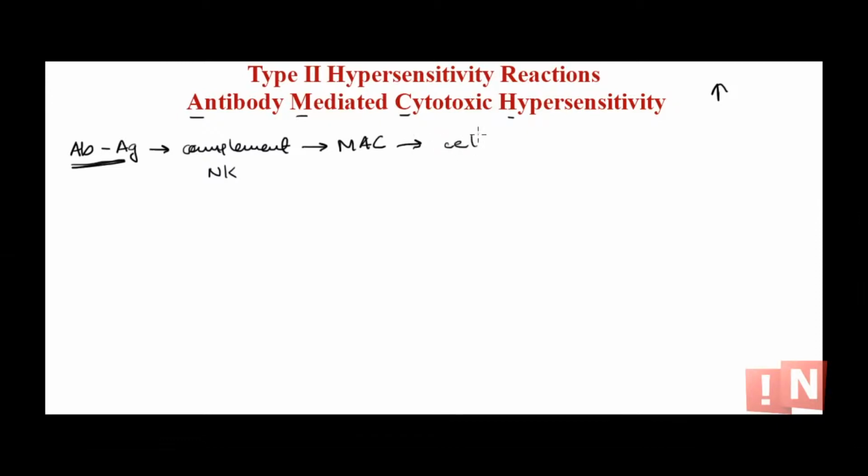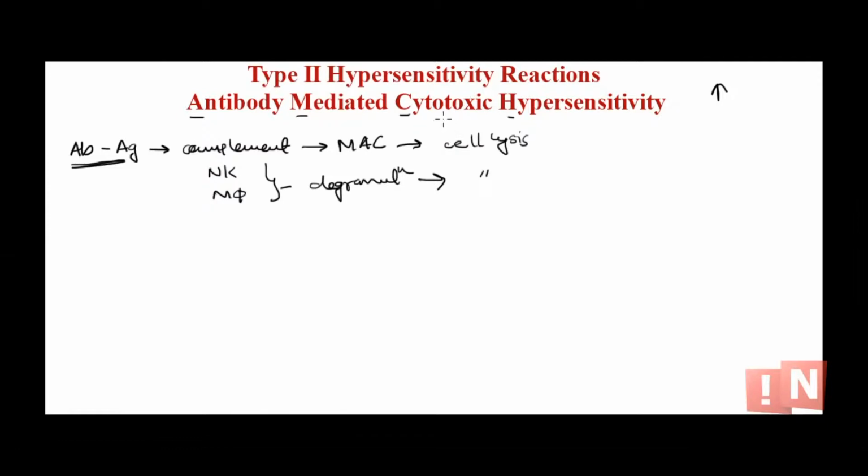So cell lysis occurs. Then you have neutrophils or macrophages or natural killer cells. They are also cytotoxic. For example, neutrophils can degranulate and produce toxic substances that can also cause lysis of the cell. So there is cytotoxicity.